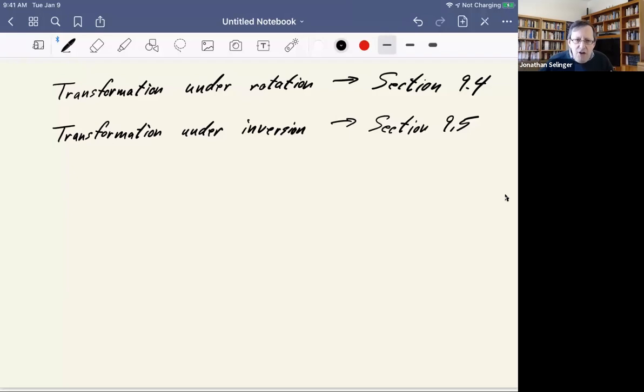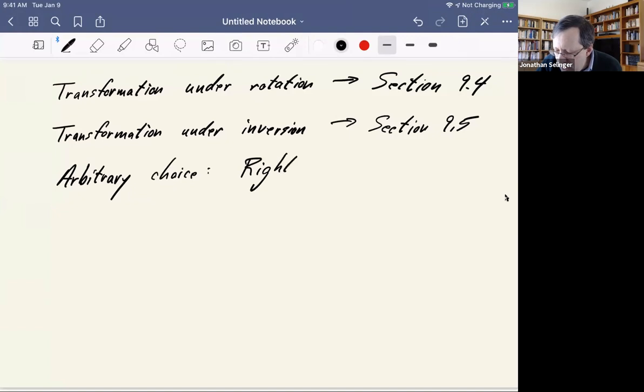There's one other arbitrary choice that we need to be careful about, and that is the arbitrary choice of the right-hand rule. We use the right-hand rule when we define cross products. That is, if we take the cross product of one vector cross another one, we use the right hand, and the thumb marks the direction to go in.